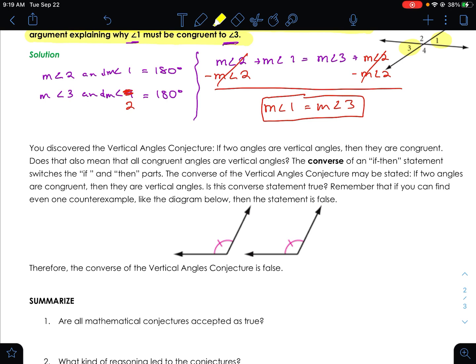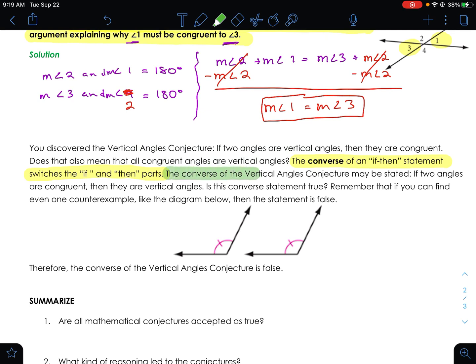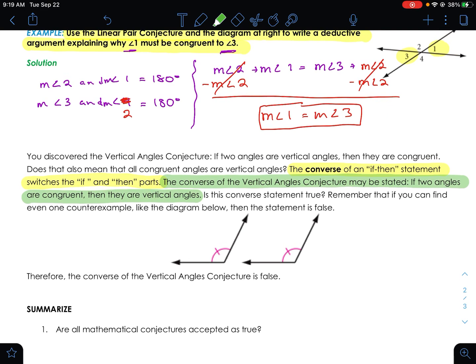So we have this thing that's called the converse. The converse of an if-then statement switches the if and the then parts. So the converse of the vertical angles conjecture would be stated as, if two angles are congruent, then they are vertical angles. Okay, so again, you switch the if and the then.